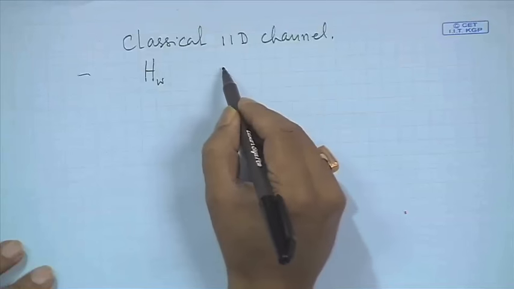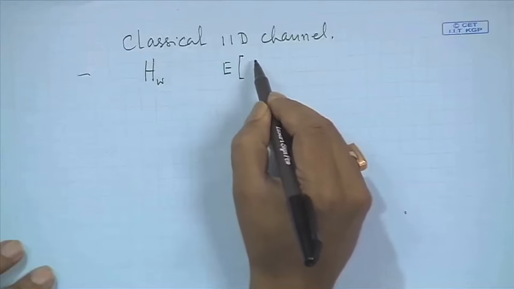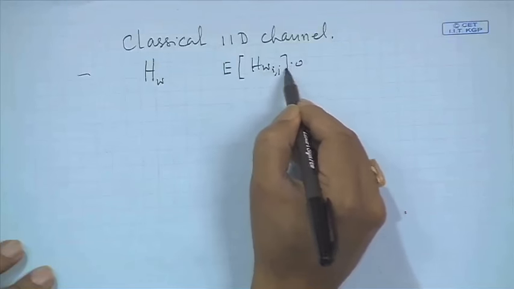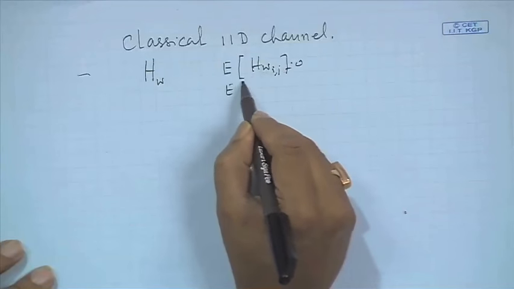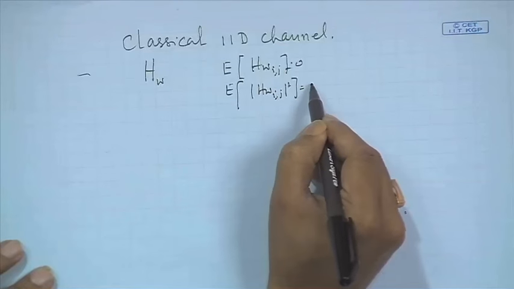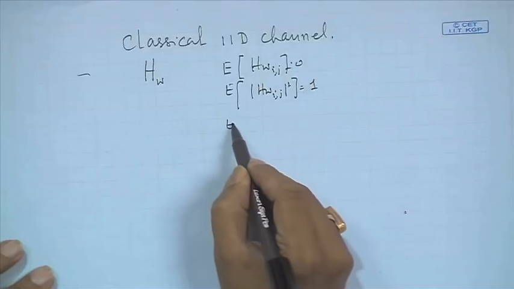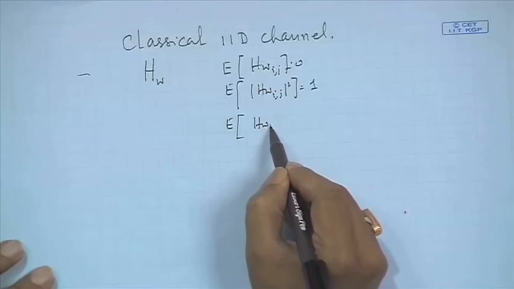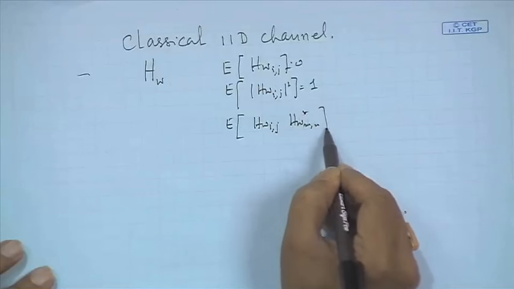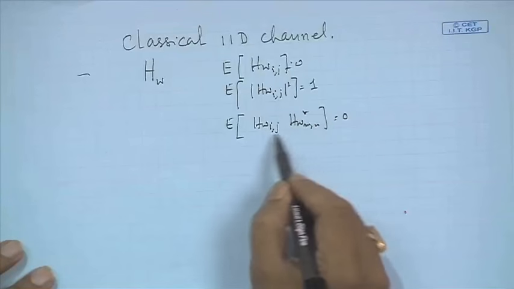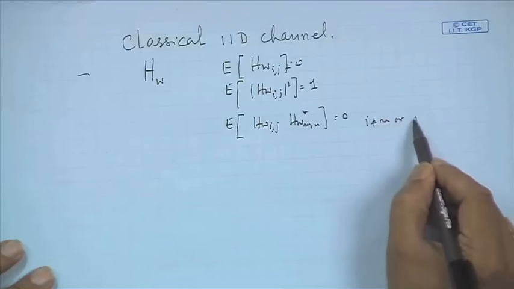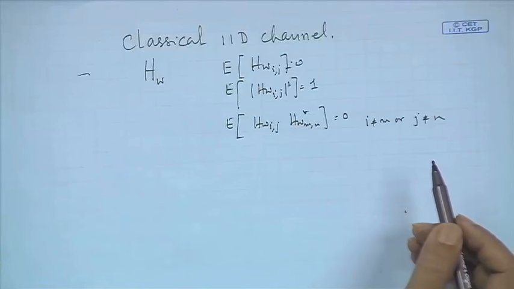And we have said that the expected value of the elements H_W,ij is 0, and we have also said that the expected power of H_W,ij is equal to 1, and finally the expected value of H_W,ij times H_W,mn conjugate is equal to 0, meaning they are uncorrelated. So it's spatially white for i not equal to m or j not equal to n. This is what we have said.